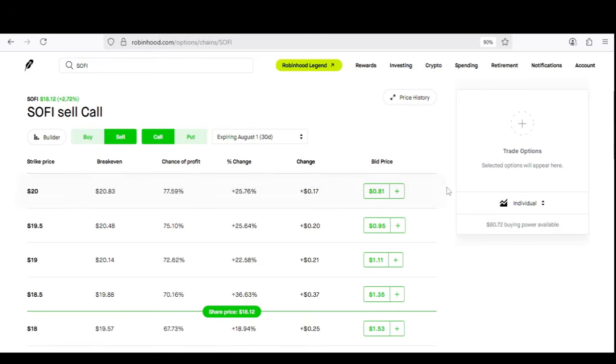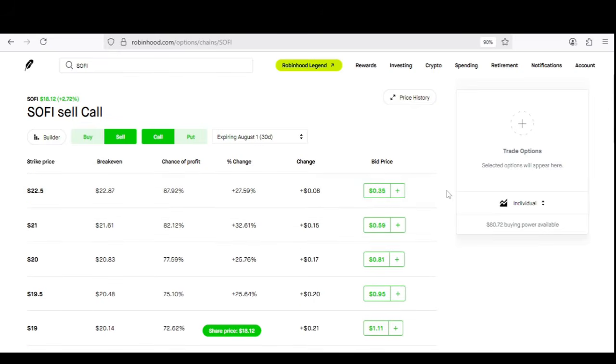Now, with this option strategy, we're going to choose our strike price. The strike price I will be choosing is the $21 strike price. My basis, once again, for selecting the $21 strike price is based solely off my chance of profitability. If you have a small account portfolio and you're new to options trading, then you're not familiar with the technicals or the fundamentals.